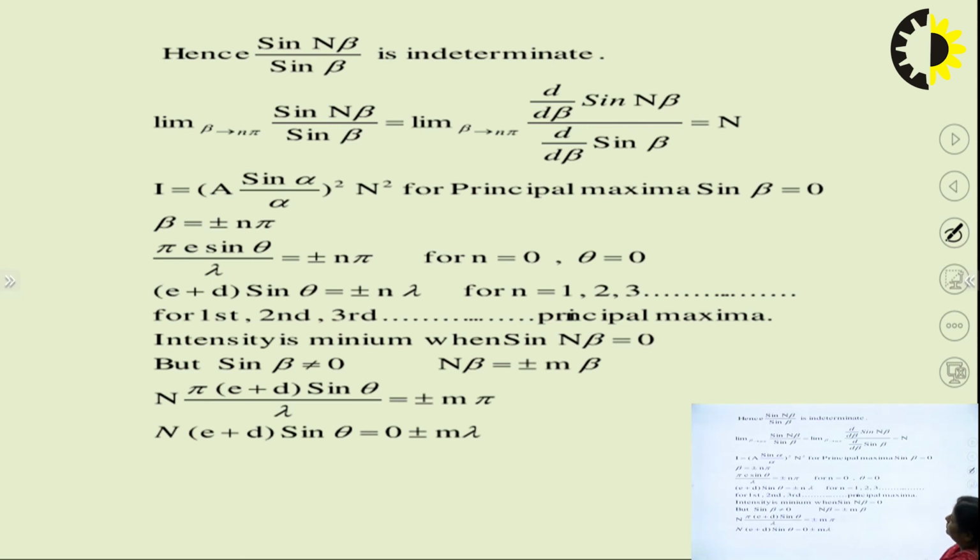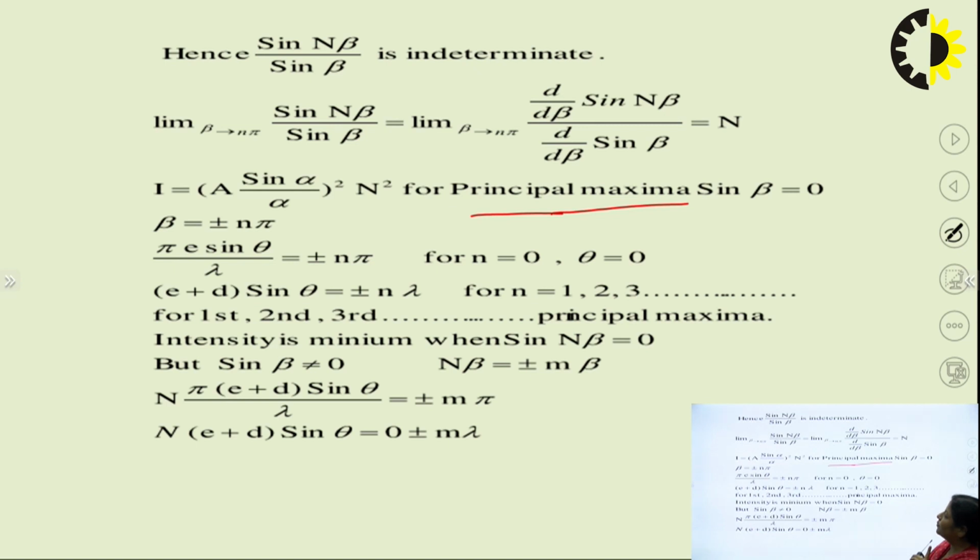All right. So in this part we were discussing that we will talk about the position of principal maxima. Principal maxima is that position where the intensity is maximum in the entire diffraction pattern. These are the positions where the intensity is maximum.